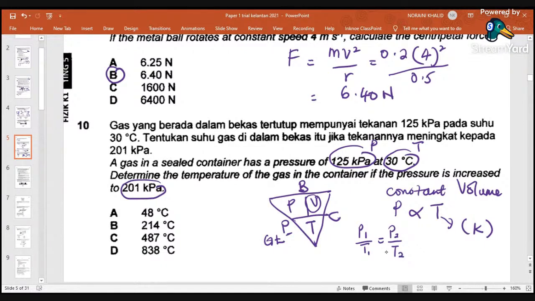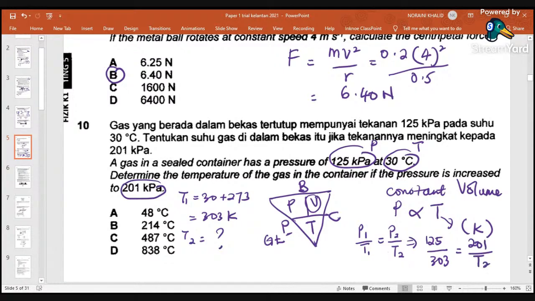Okay, so what you do, you just substitute P1, 125, over the temperature, which must be converted to Kelvin, 30 plus 273, so 303 Kelvin. And then T2 is what you want to find, with P2 equal to 201. Okay, so you calculate for T2.